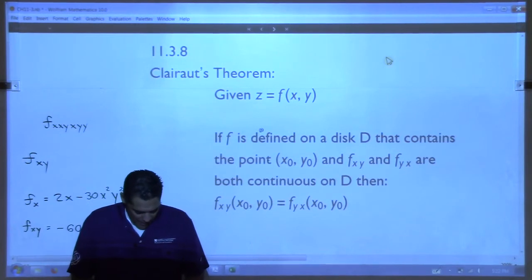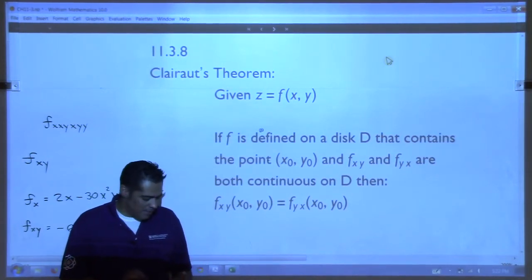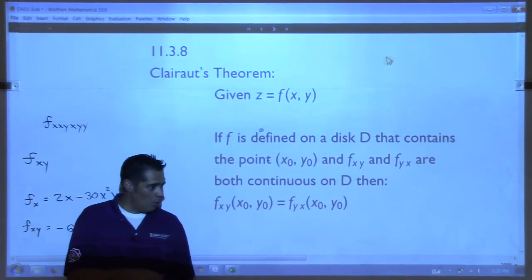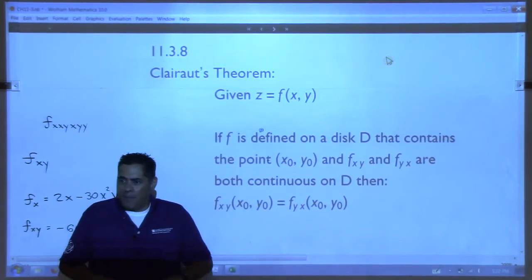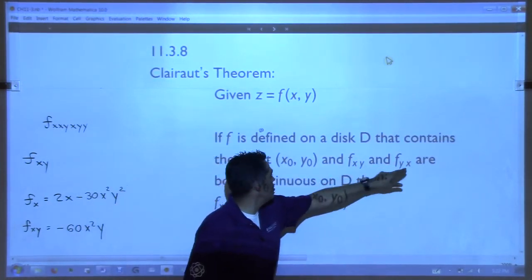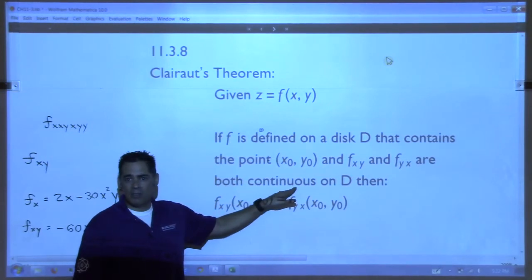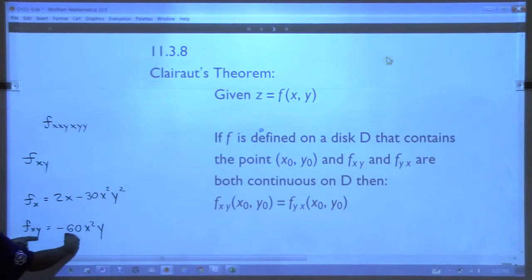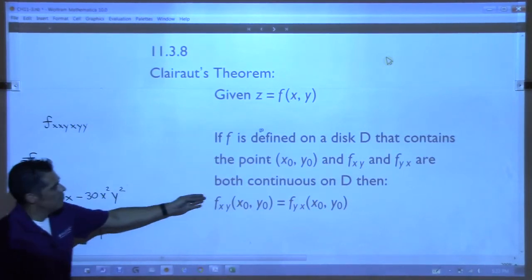What we need is that if I take a step to the left or to the right or back or any direction, I don't just fall off the universe, like there's not a hole there. So as long as I've got some little patch that I can stand on, and the partials are both continuous, that means when I take these two second-order partials, as long as they're defined, and I don't get division by zero or anything weird happening within that little patch, they're always the same.